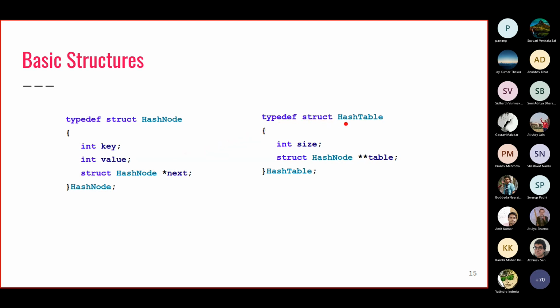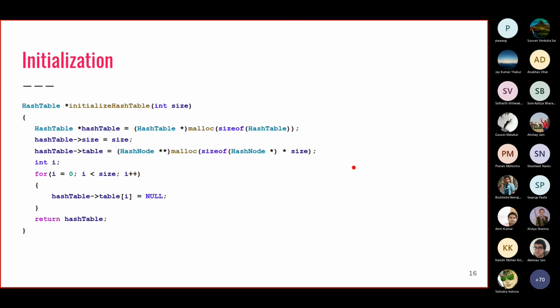Okay, and next we need the hash table. Here we need the size of the hash table and the hash array for storing all the entries, which is of type hash node. Now the initialization is like that. Here we are initializing the hash table, and finally we are initializing the size of the hash table. Yes, sir.